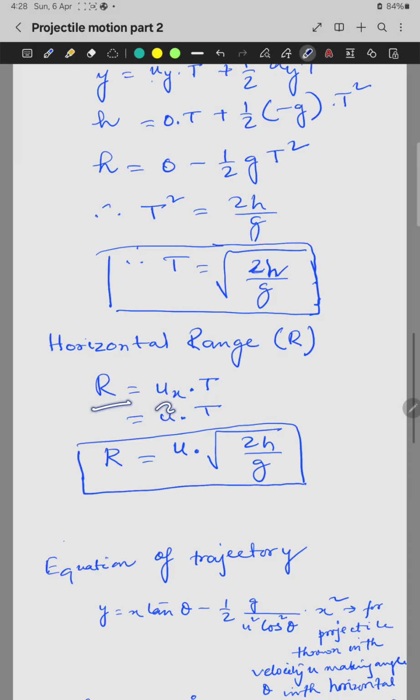So R is equal to ux multiplied by t. R is distance. Distance can be obtained by multiplying the velocity and the time of flight. So ux will be u. Now we substitute the value of t. So we get R equals u multiplied under root 2h by g.